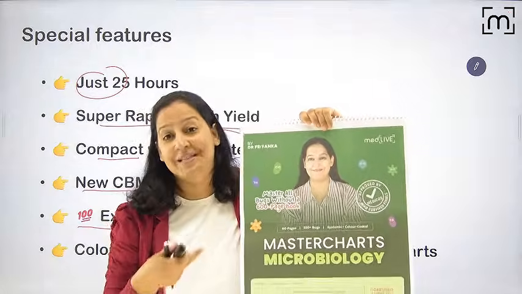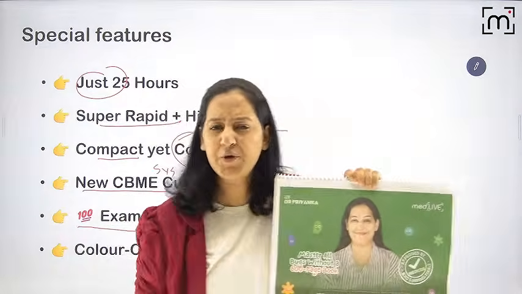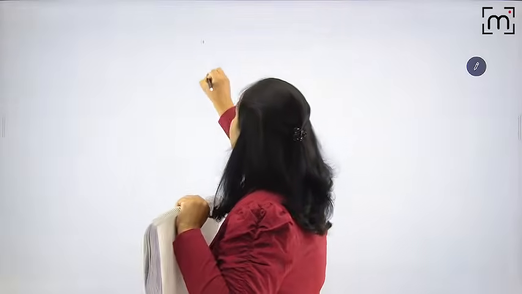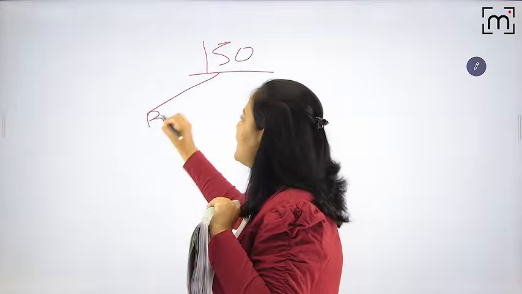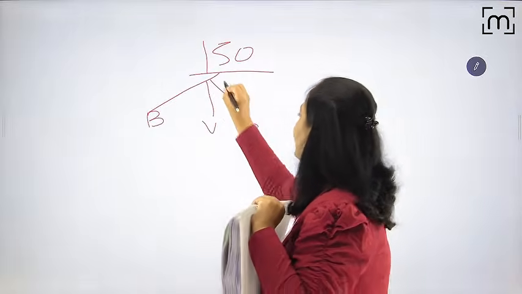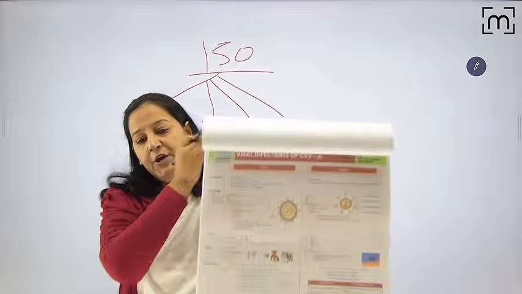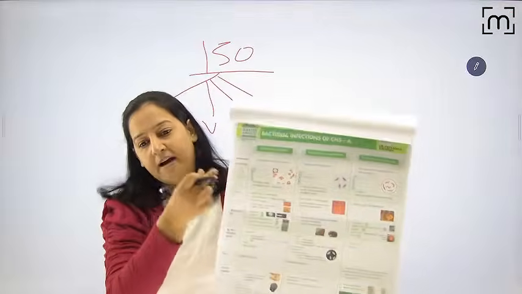So let me introduce the master charts of microbiology. What do you mean by master chart? In these master charts, I will take 150 organisms, including approximately 60 bacteria, viruses, parasites, fungi, comparatively under a fixed set of headings.